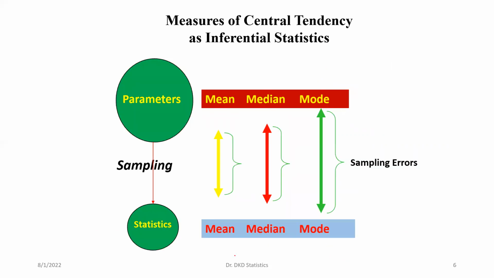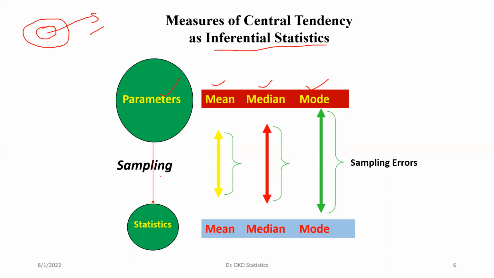Now, next point. Here we need to understand, in measures of central tendency, inferential statistics also comes in. What is the meaning of inferential statistics? We have a group of the population, the target population, and out of the target population some study population, and out of the study population we are taking samples. So once we calculate the mean, median, and mode for the population, that is known as a parameter.